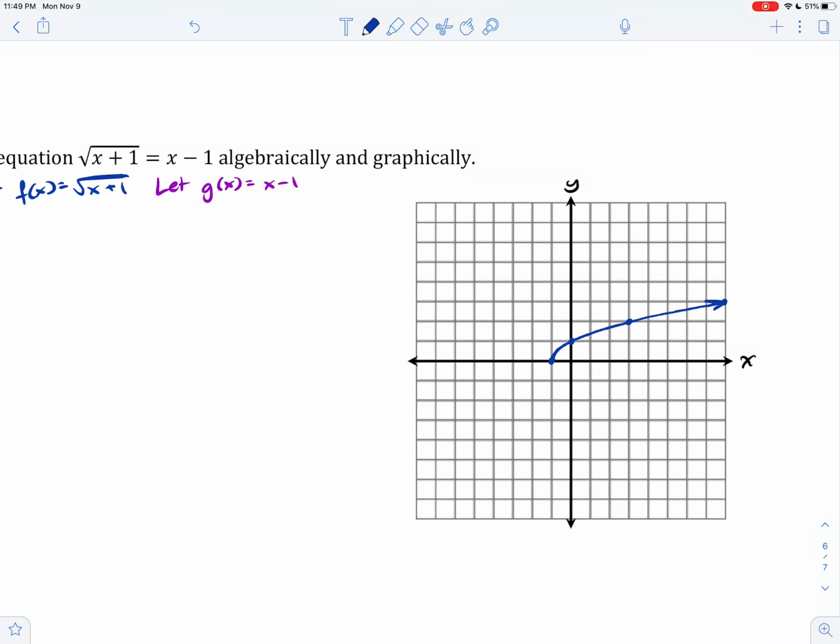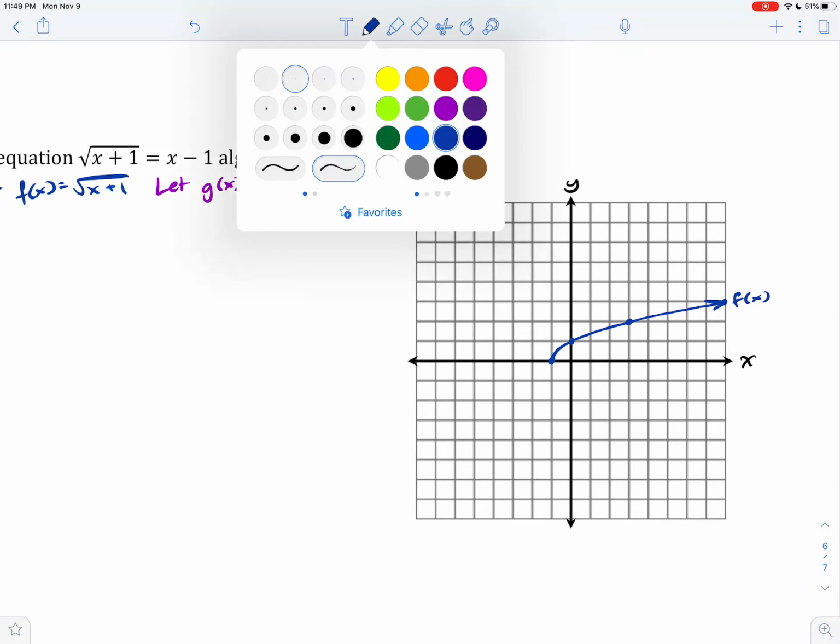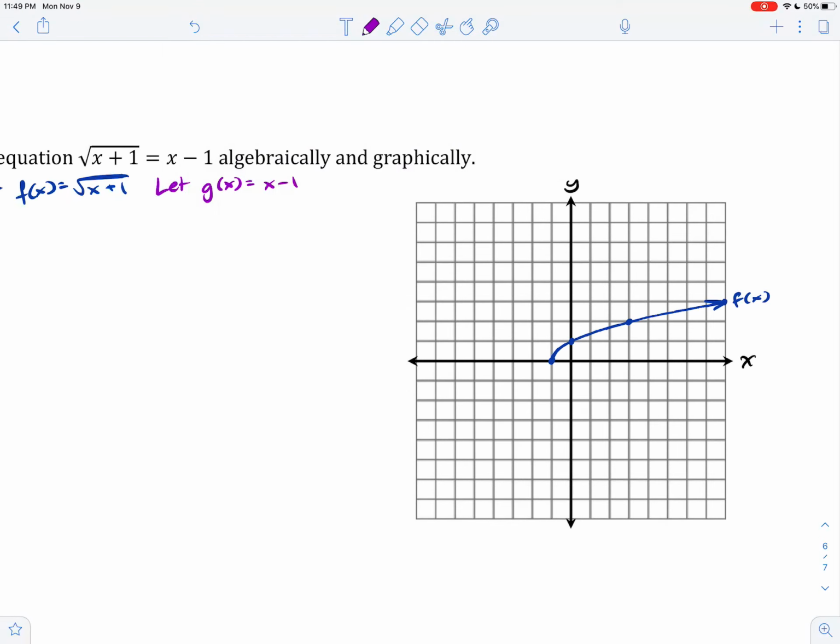Pretty important to graph it like you care, as always. So there's our f of x. And g of x, y equals x minus 1. So that's our parent linear function. Which has a whole bunch of points.